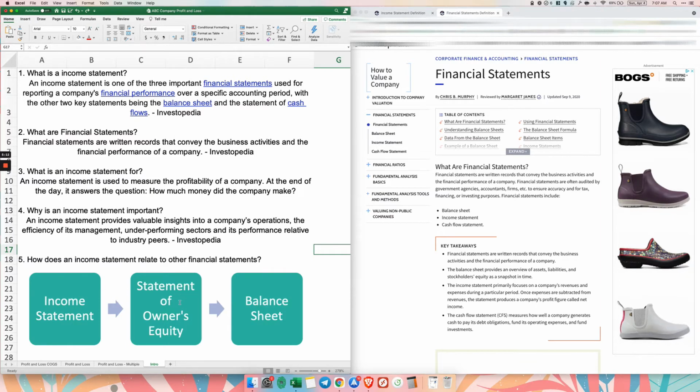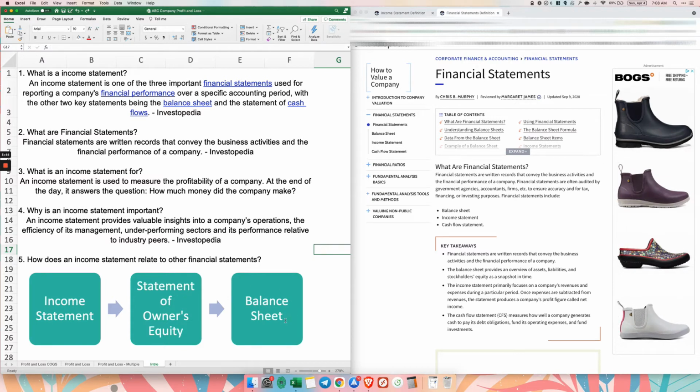So let me touch on what a statement of owner's equity is. The statement of owner's equity is basically a statement telling business owners how much of the business they actually own. Because sometimes, let's say you owe people money or you owe banks money, and so they get to own a part of your business. You don't own it completely, or it could be like a liability, so you don't own that, right?